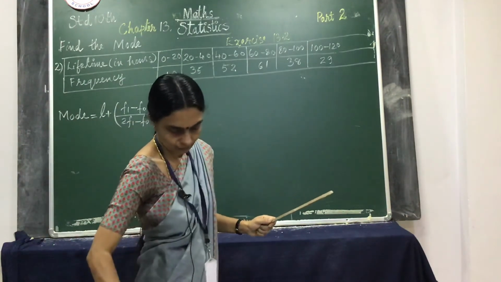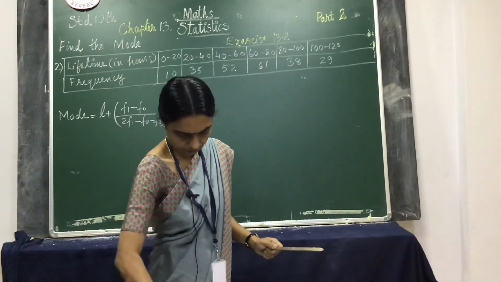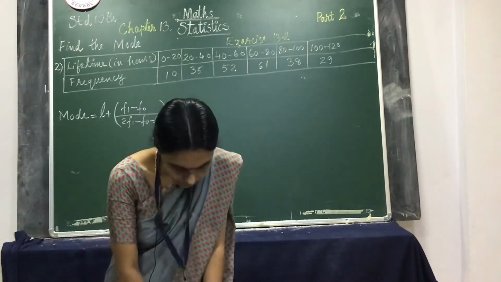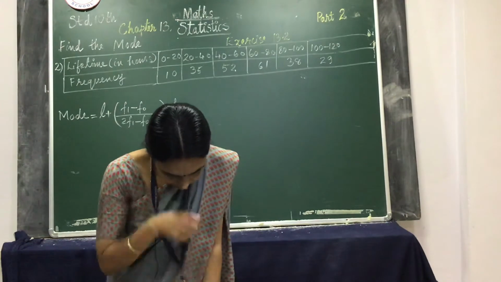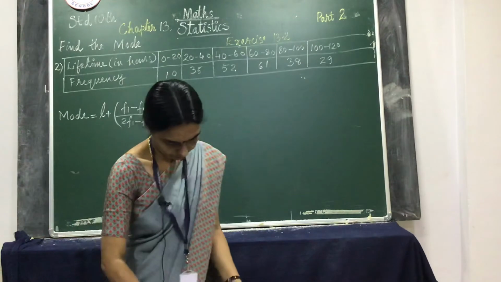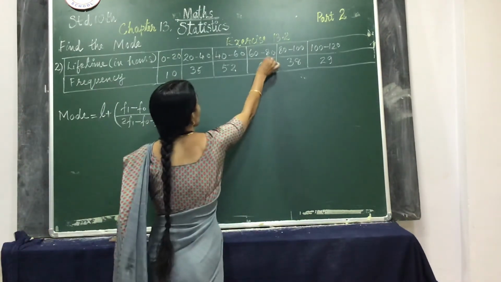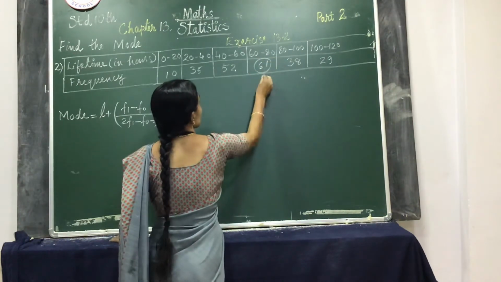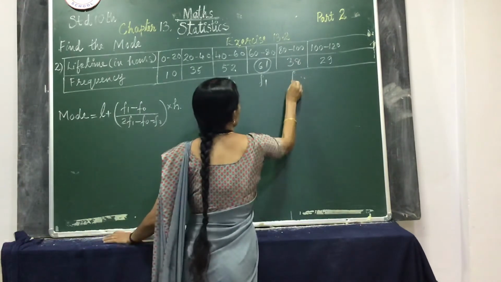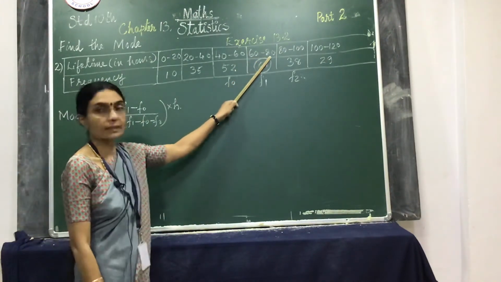So this is the class interval f1, this is f0 and f2, and we have the class interval 60 to 80 as the modal class.